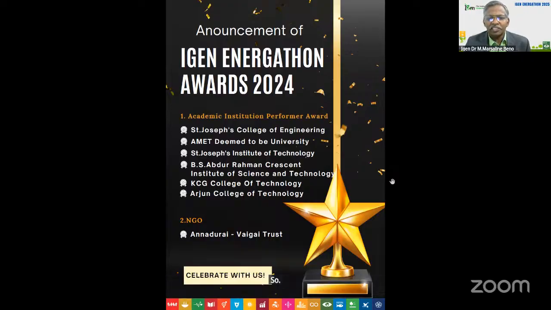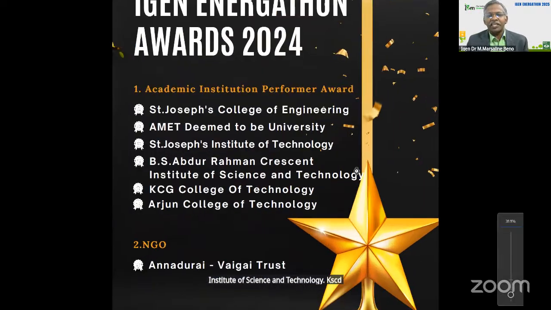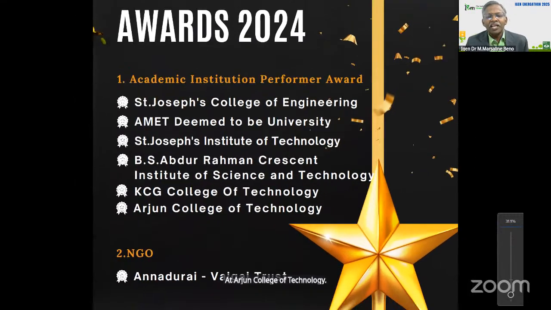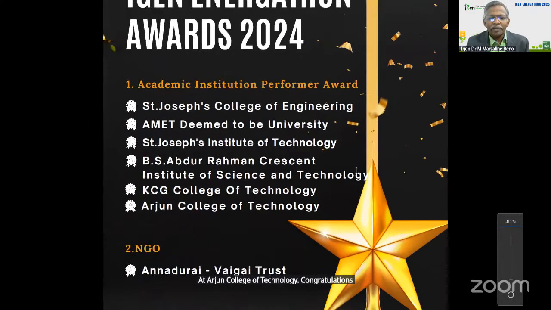These awards go to St. Joseph's College of Engineering, Amet deemed to be University, St. Joseph's Institute of Technology, B.S. Abdur Rahman Crescent Institute of Science and Technology, KCG College of Technology, and Arjun College of Technology. Congratulations to all the academic institutions.